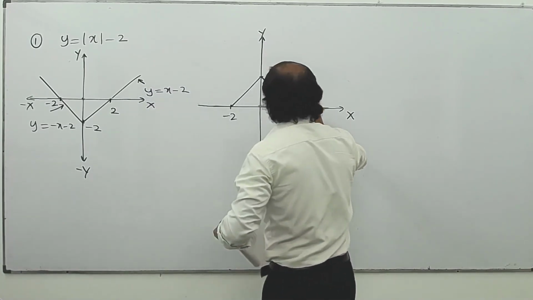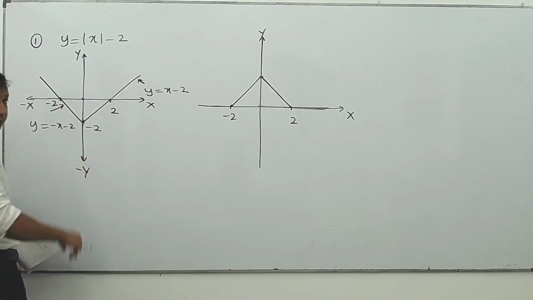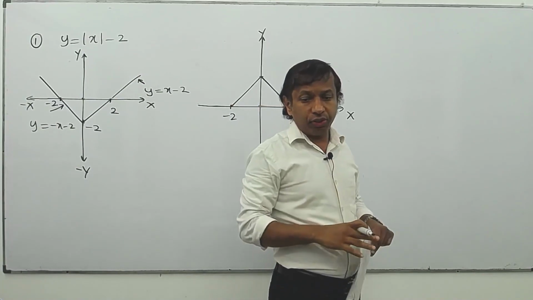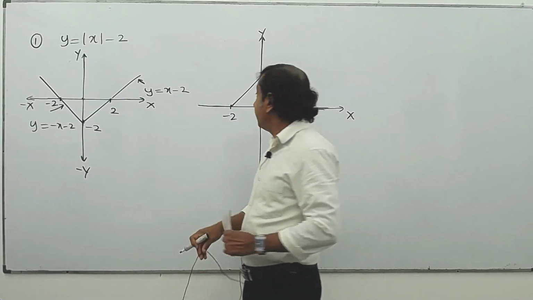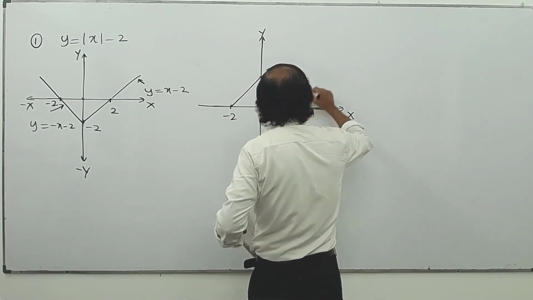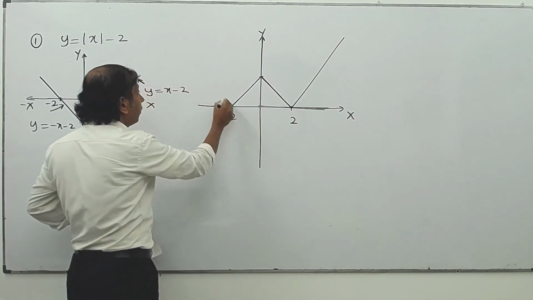Only the mirror image of this part we take, right? The part which lies below the x-axis, only its mirror image we take. Then we get the rest of the part like this, and this like this.